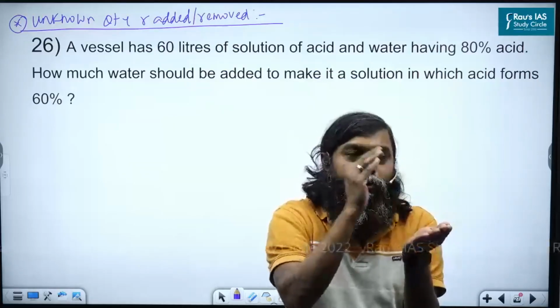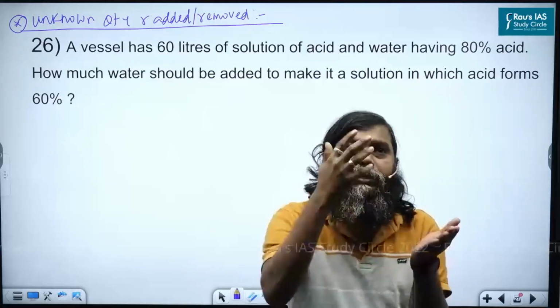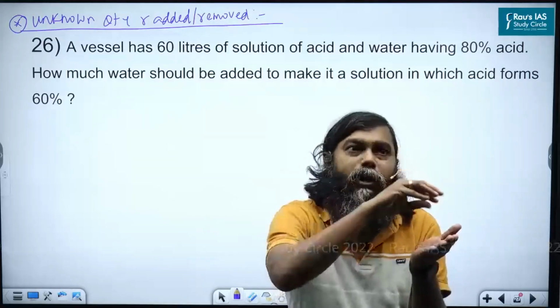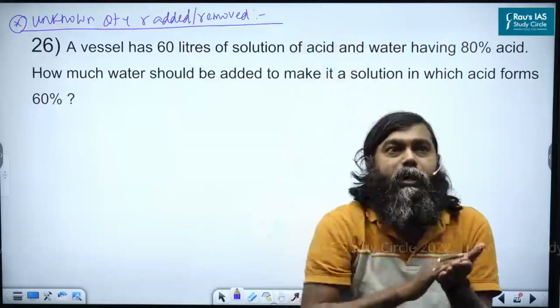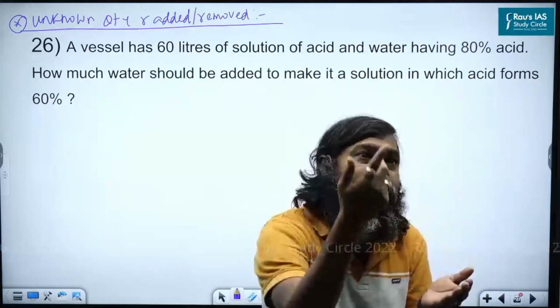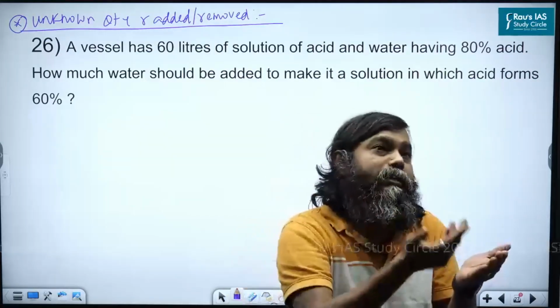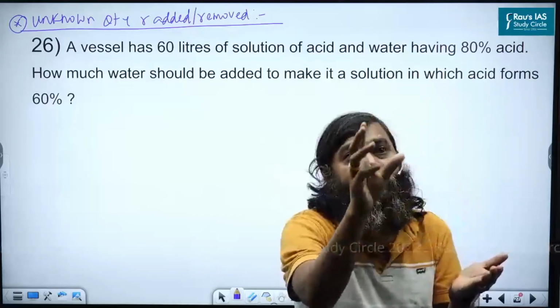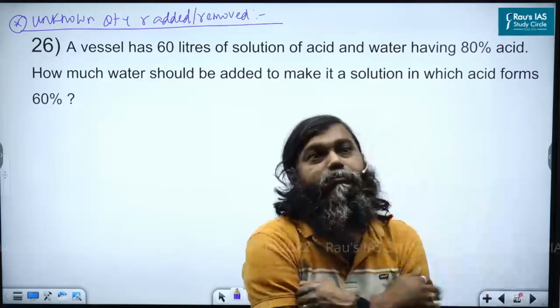That means the total quantity going to be increasing. How much water you added, that much quantity of total solution going to be increasing, and water quantity going to be increasing. But acid quantity must be constant.